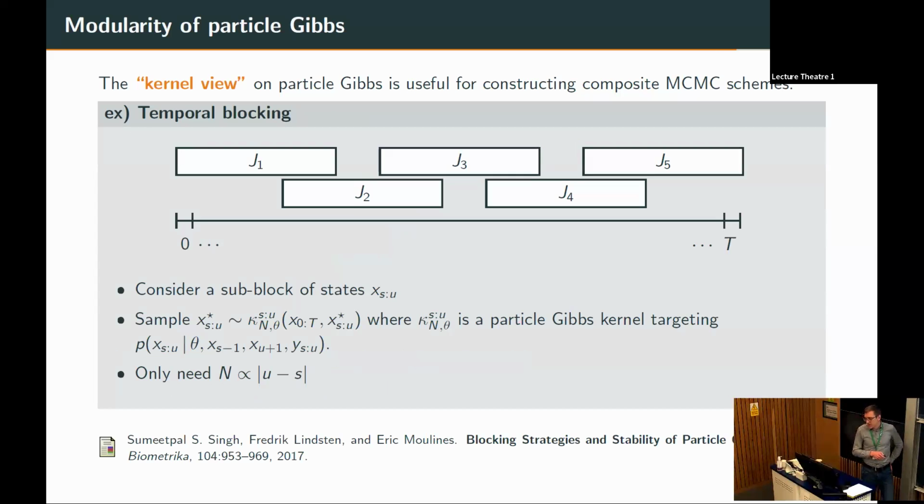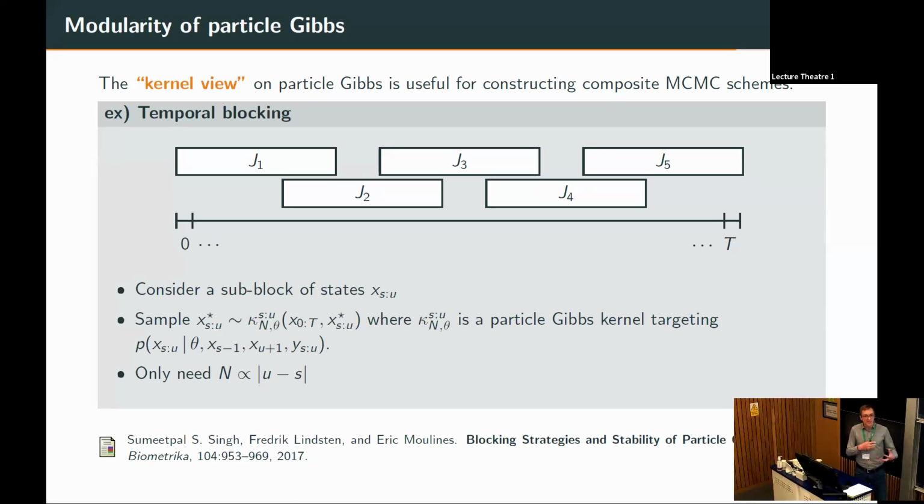This also means that you can adjust the Gibbs sampler itself. So now I spoke about Gibbs sampling for state space models as alternating between sampling the thetas conditionally on X and the X's conditionally on thetas. But it's also possible to do other types of Gibbs updates on the X variables themselves. One example of this would be to do some kind of blocking. If you imagine that we have just a single time series again, we have some parameters, we have some states.